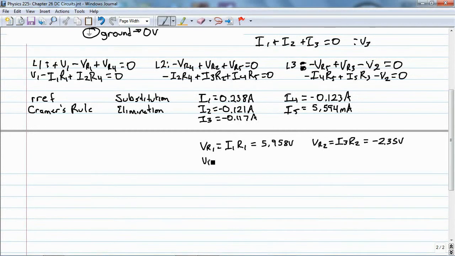VR3 is equal to I3, oh no, I'm sorry, I5 R3, and that's 0.308 volts.